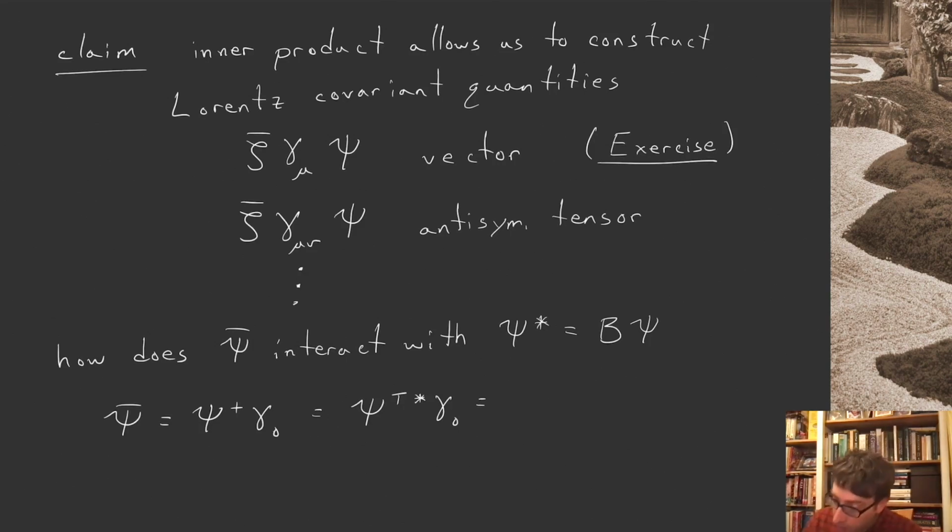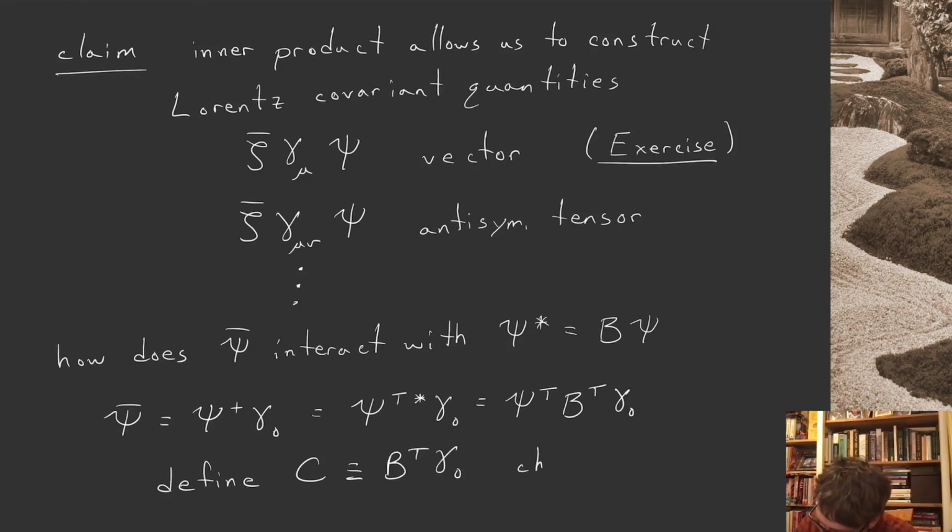And by the Majorana property, this is the same as psi without the complex conjugation, B transpose gamma 0. And so because of this, it's nice to define a new matrix, we'll call it C, which is B transpose gamma 0. And it's sometimes called charge conjugation.